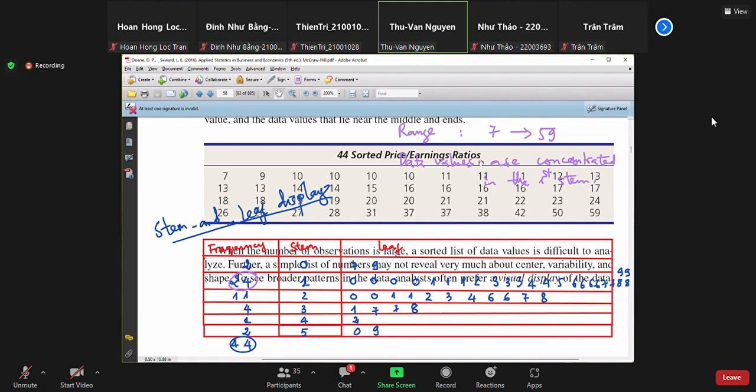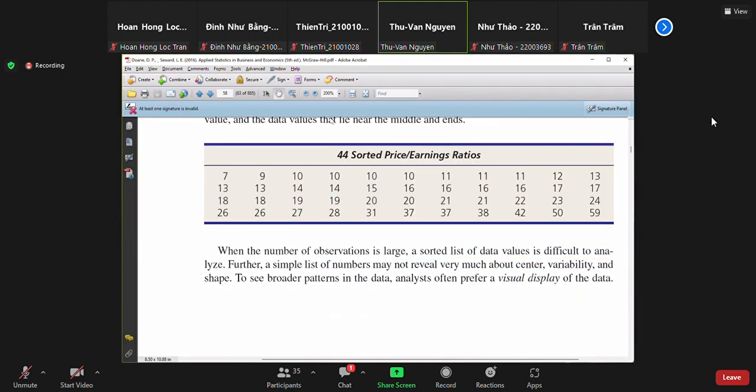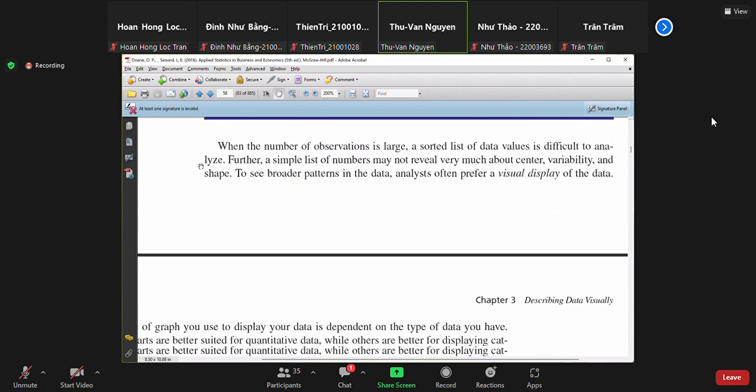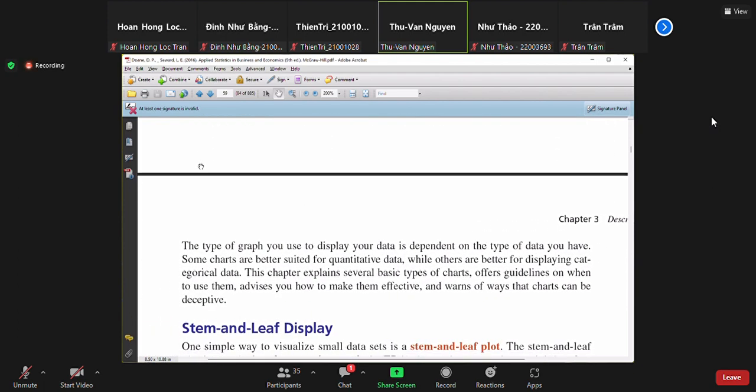Okay, this is the first display. The second one, we use this data set, and I will introduce you to the order.